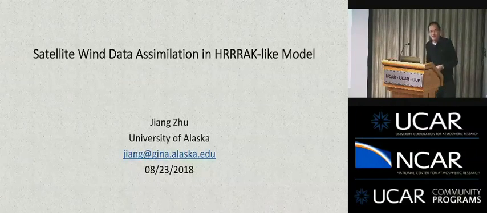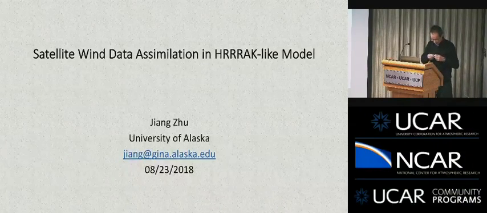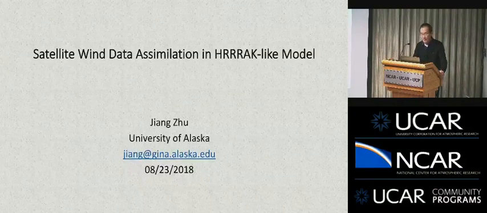Today we are very happy to have Dr. Jiang Zhu, or like Zhu Jiang, from University of Alaska. He graduated from University of Alaska and, of course, majored in atmospheric sciences. And I guess he hasn't left Alaska because he's working at the Geographic Information Network of Alaska in the Physics Institute, still University of Alaska.